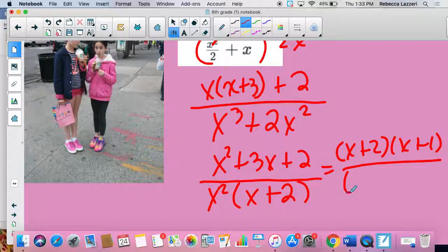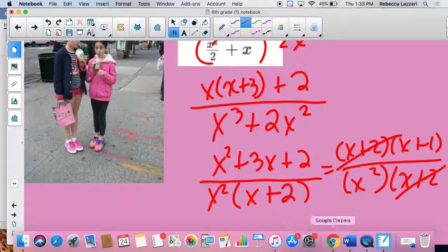Funny how things work out. X squared times X plus 2, and they cancel. Okay, so it's X minus 1. All of it after you do that first multiplication is maybe a bit tedious, but it's not bad because in my first step, I don't have all those fractions inside of fractions anymore. So now let's try to type it in and hope that the aggravating Delta Math will accept it.